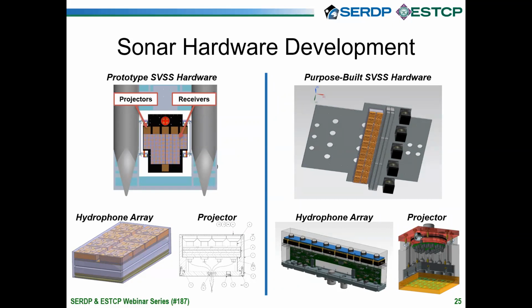In addition to that, we needed a set of projectors so that we could pulse sound into the water. So the projectors act like those underwater loudspeakers. And we did not have access to a projector that operated in the correct range of frequencies. But one thing that we did have access to were the components of a projector that operated in the correct range of frequencies.